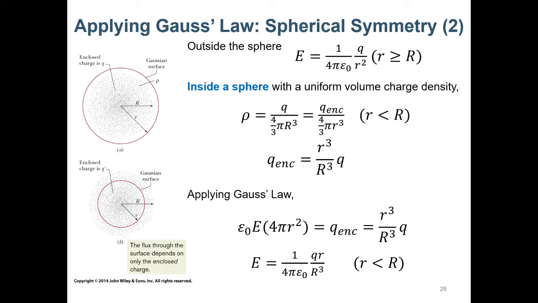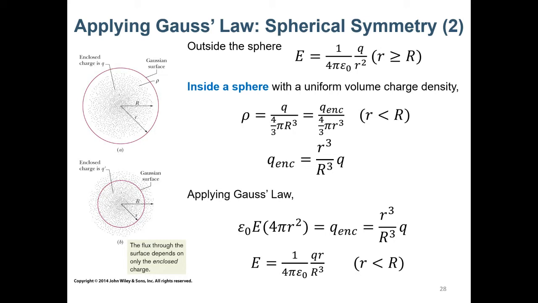So for the more complicated case, if we consider the E field inside this sphere, we draw a Gaussian surface which has a radius smaller than capital R. So this small r is smaller than capital R. Now we need to consider Q enclosed, which is the charge inside this Gaussian surface.